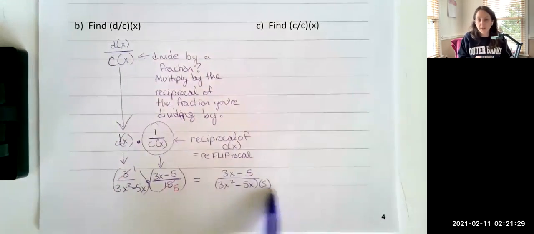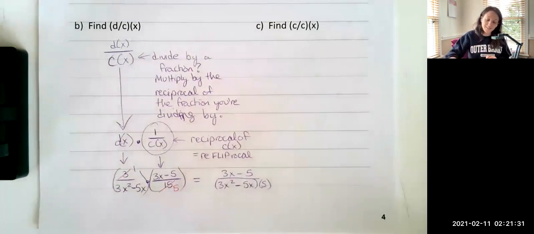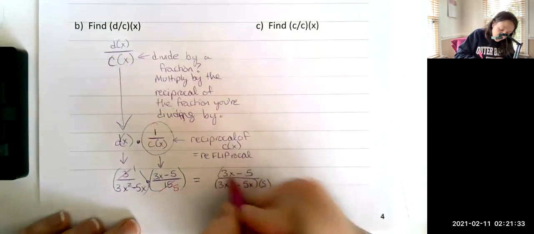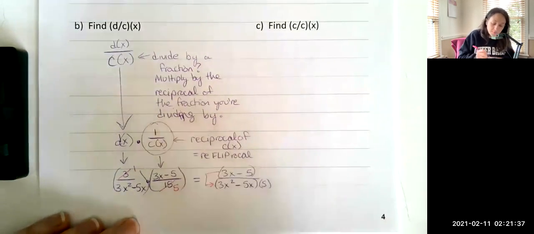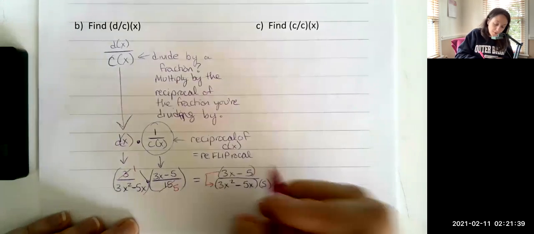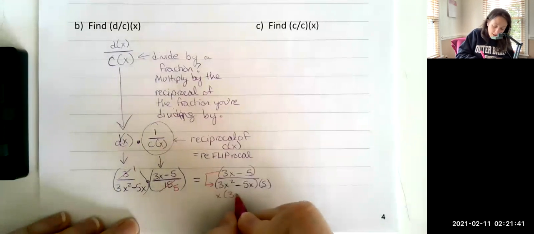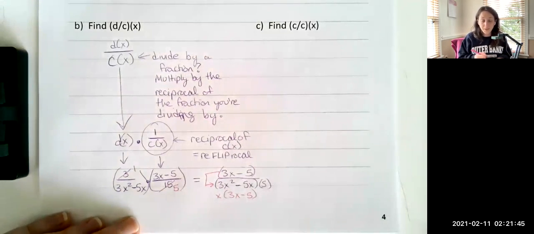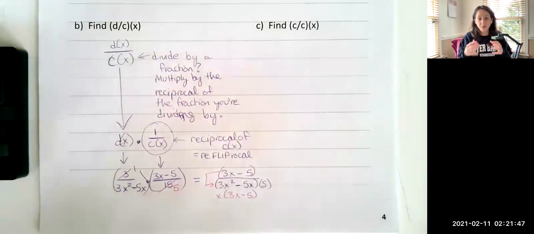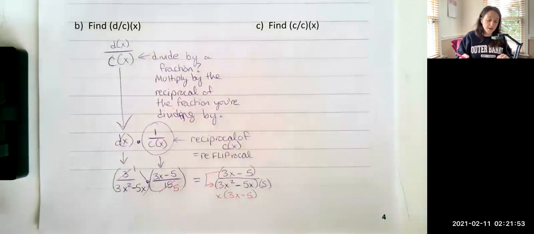I'm not multiplying this yet because 3x minus 5 in the numerator can cancel out with another 3x minus 5 from the denominator. If you take that x out, you can reduce this fraction altogether.